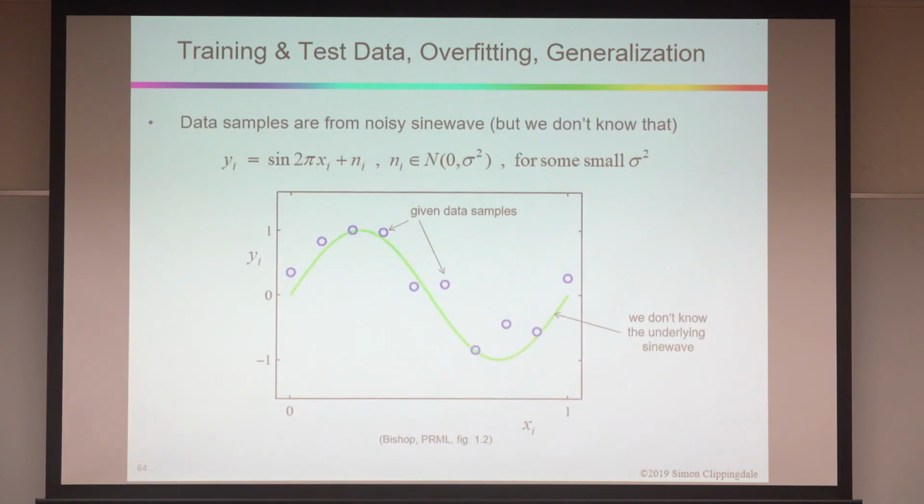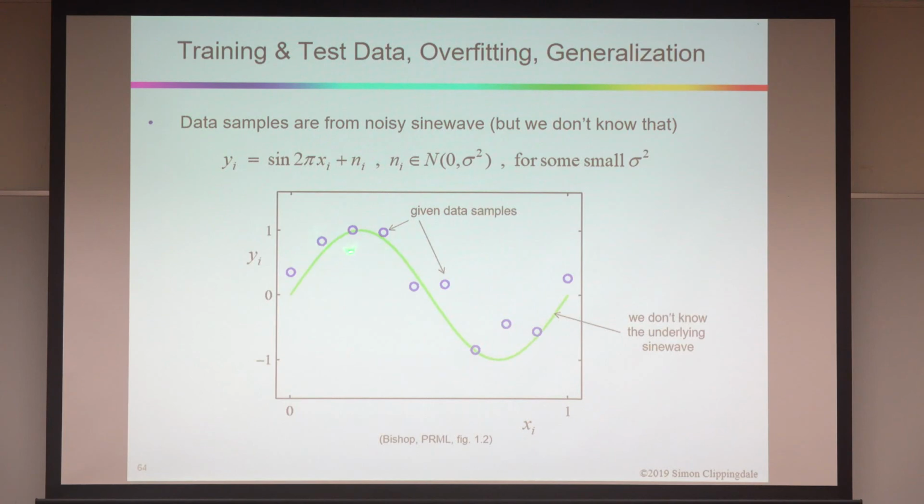So here's an example of some data. This is from Chris Bishop's book. This book is much newer than the Duda, Hart and Stork book. It's also much more difficult, but it has some useful examples in.